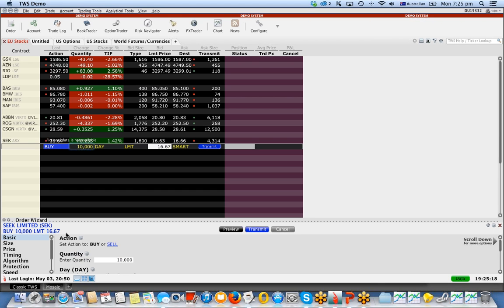This order wizard will help you go through all parameters and fill even some fields which are not available in these settings, because there are other conditional orders, and some details which are not obvious.